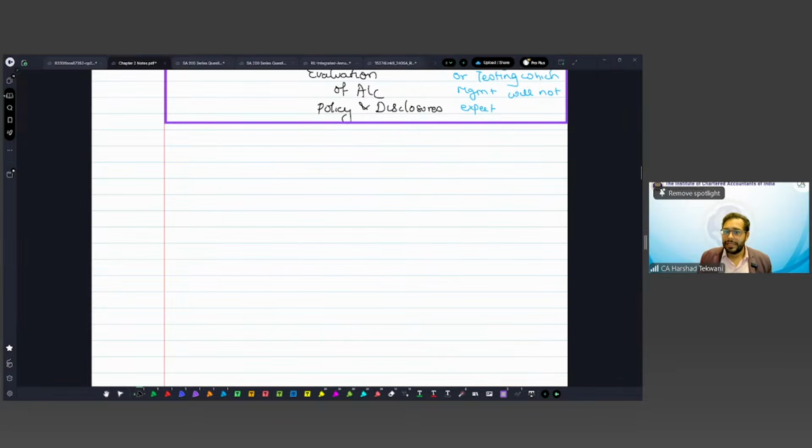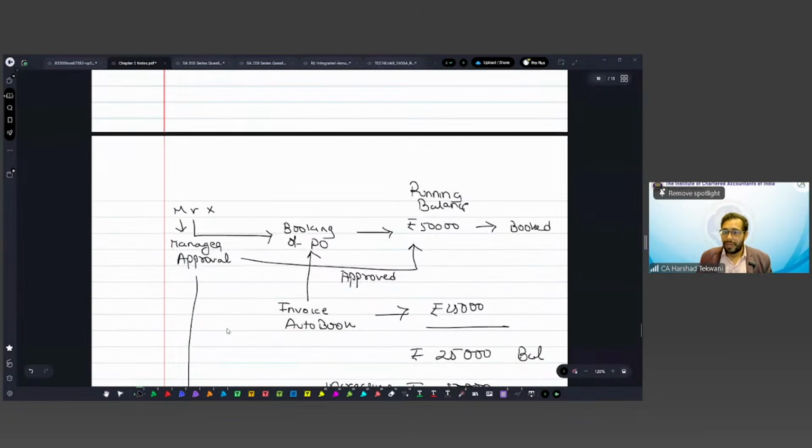What that person did is, once he was booking this 25,000 invoice, then after taking another manager approval, he was increasing the limit back to rupees 50,000. So he was adding to the limit of the same purchase order, and that was allowed by the system.